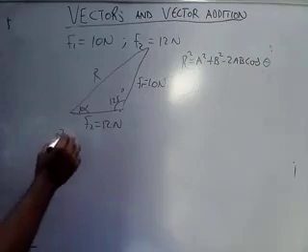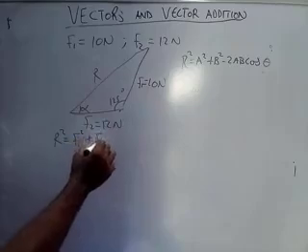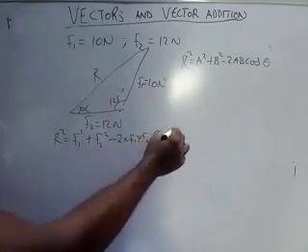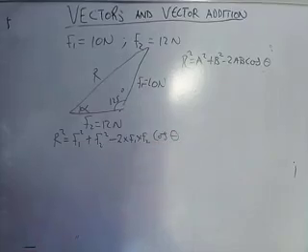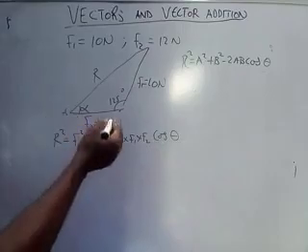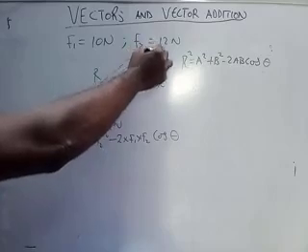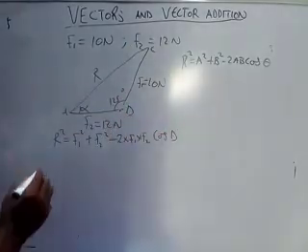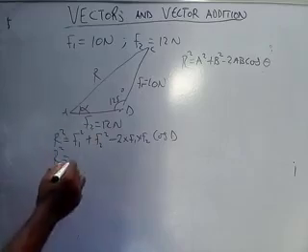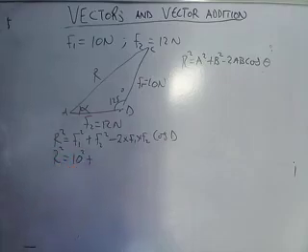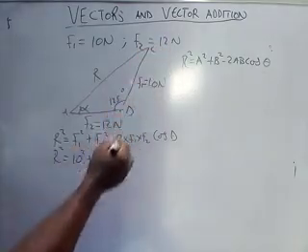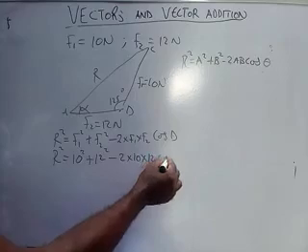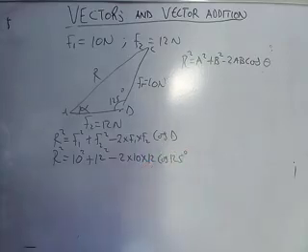So R squared equals F1 squared plus F2 squared minus 2 times F1 times F2 times cos theta, the angle at D. Let's go ahead. Our F1 is 10, so 10 squared, plus F2 is 12, 12 squared, minus 2 times 10 times 12 cos 125 degrees.